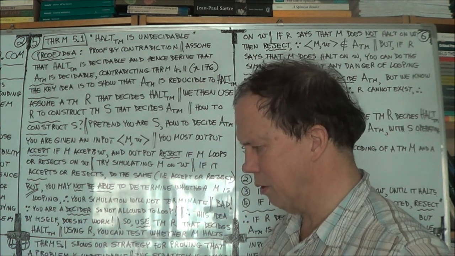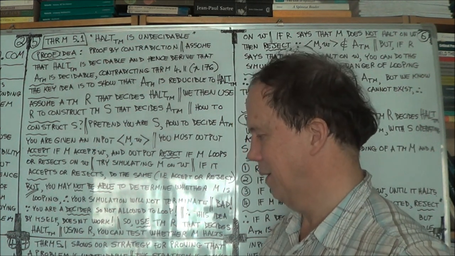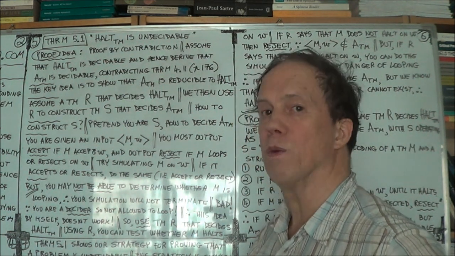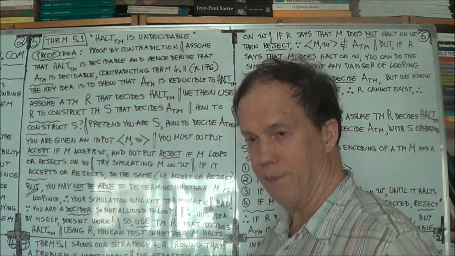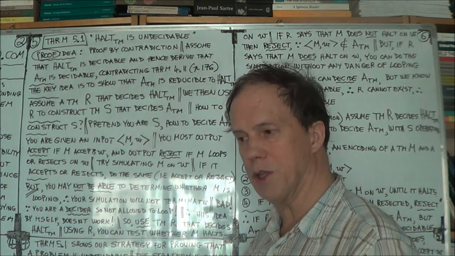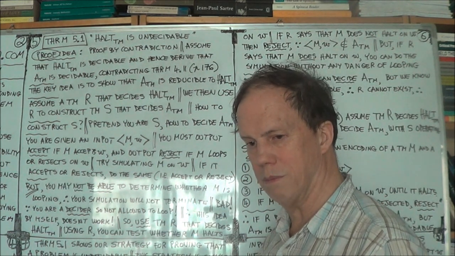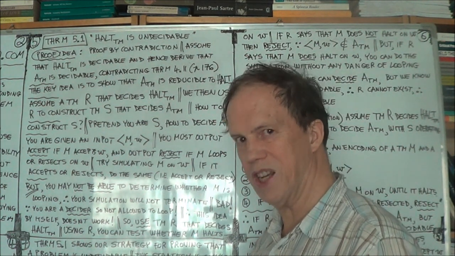And the condition that that ordered pair belongs to the language HALT_TM is that M halts on input w. Now the Turing machine can halt for two different reasons: it accepts the string, or it rejects the string.